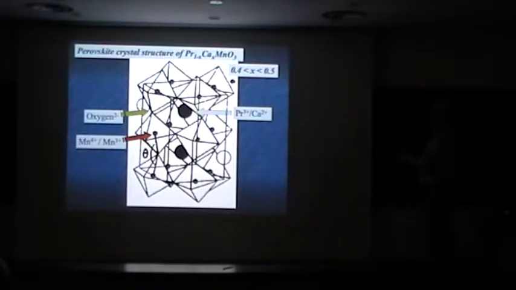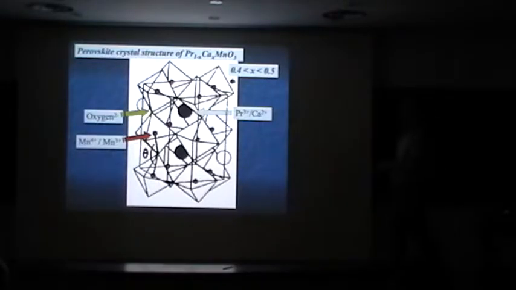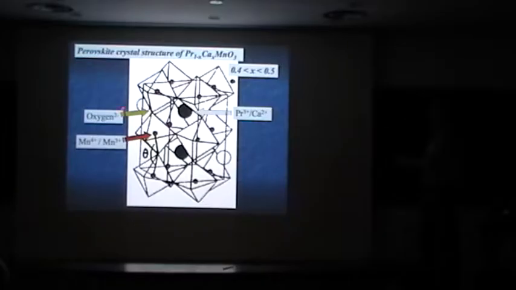So just to be definite, let's take a perovskite crystal structure. This is a manganite, this is calcium manganite, perovskite structure. Well, you know what it is. It's in this case MnO6 octahedra that have manganese in the middle, oxygen on the corners, and these corners between octahedra are shared.